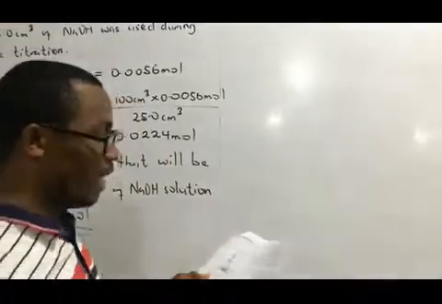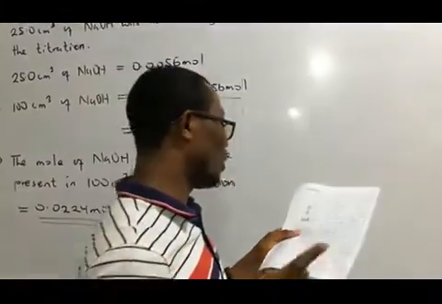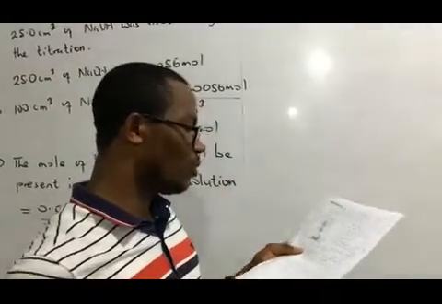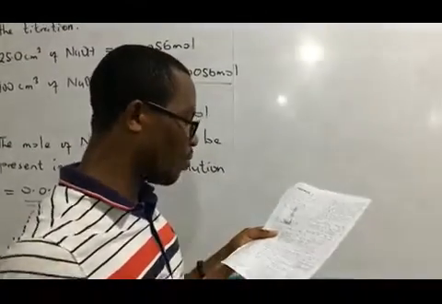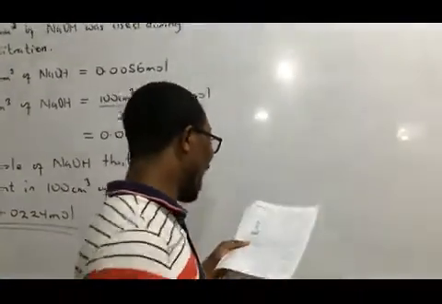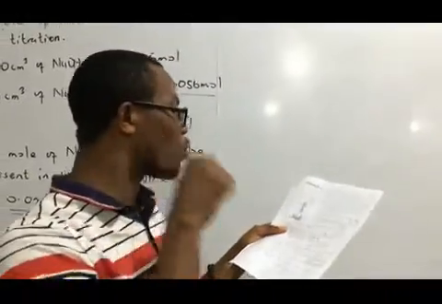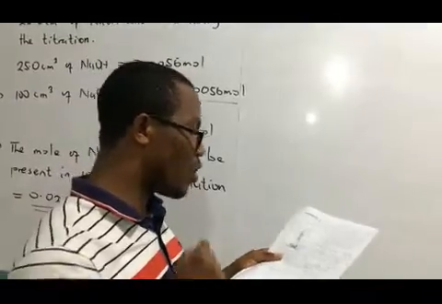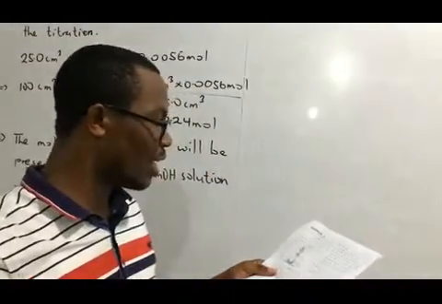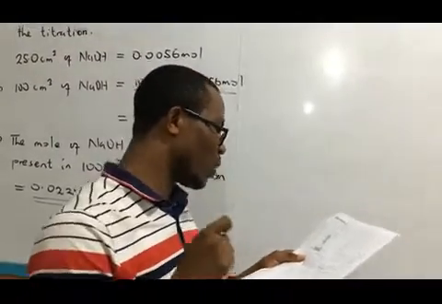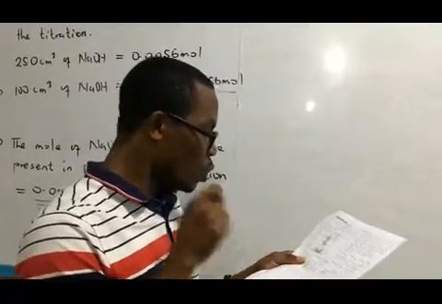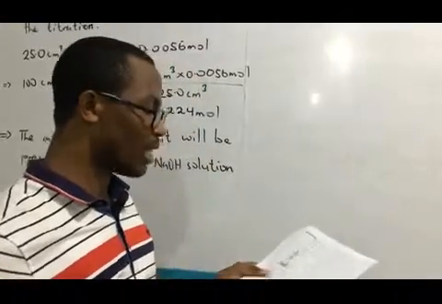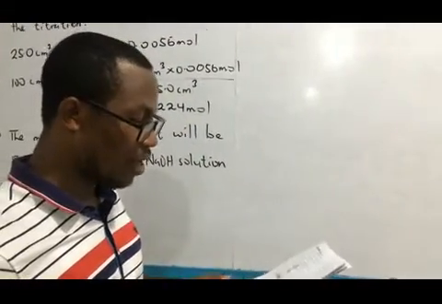And then also when you are filling the burette with the acid, you are supposed to make sure that no air bubble is trapped in the delivery bulb. If you have some of the acid or air bubble dropped or trapped in the delivery bulb, it will affect the titration results. So you are supposed to ensure that when you are filling the burette with the acid, no air bubbles or drop of acid is trapped in the delivery bulb.